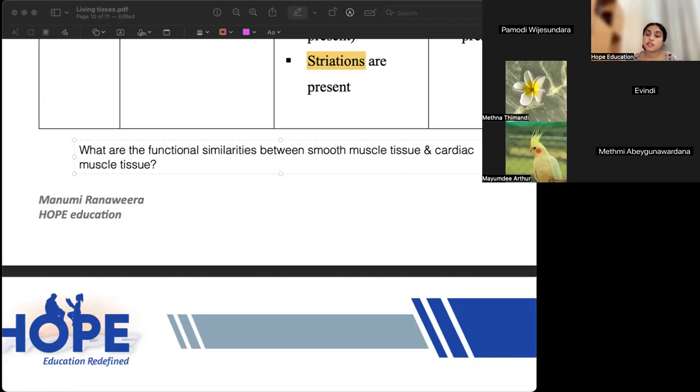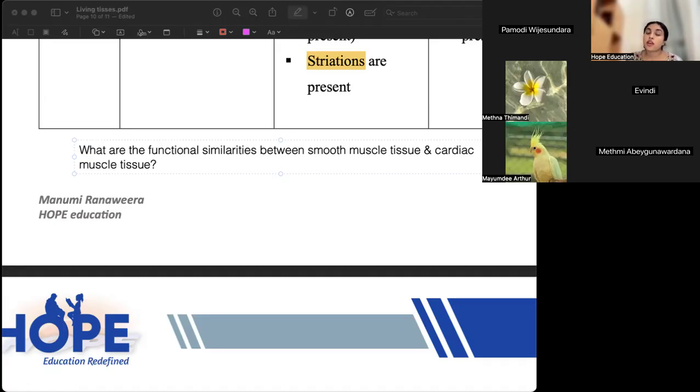Now everybody put an answer in the chat box. Yes, another difference: intercalated discs. Skeletal muscle tissue has no intercalated discs, cardiac has intercalated discs. So you can even put that.